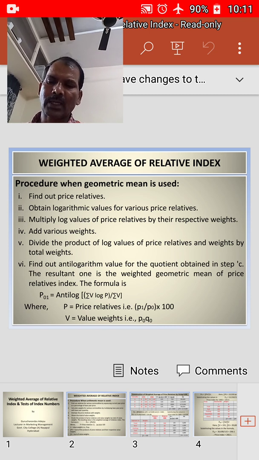Then find the anti-logarithm value for the quotient obtained in the previous step. The resultant one is the weighted geometric mean of price relative index.